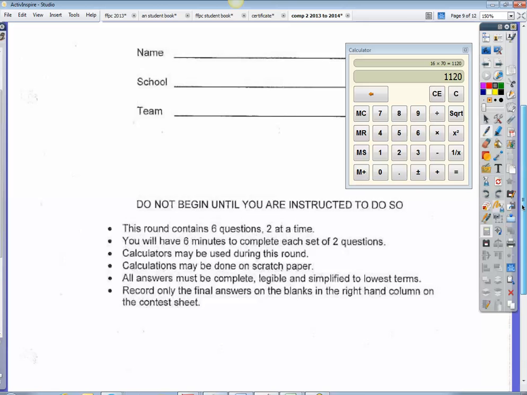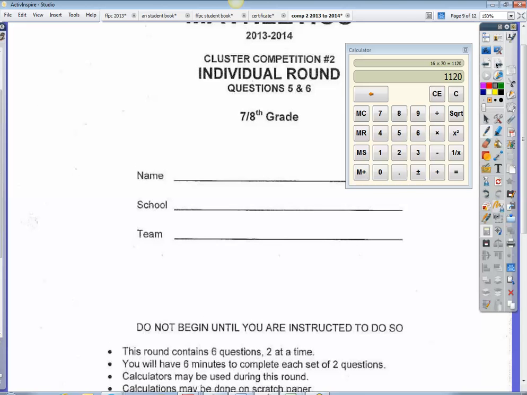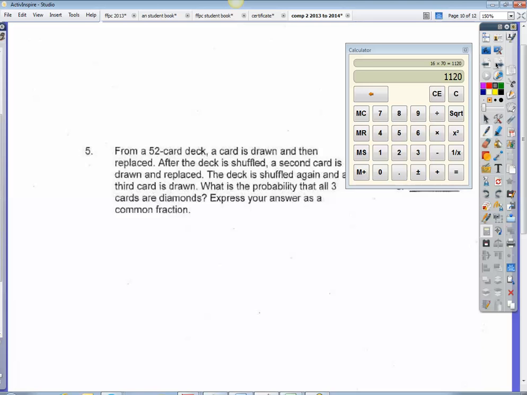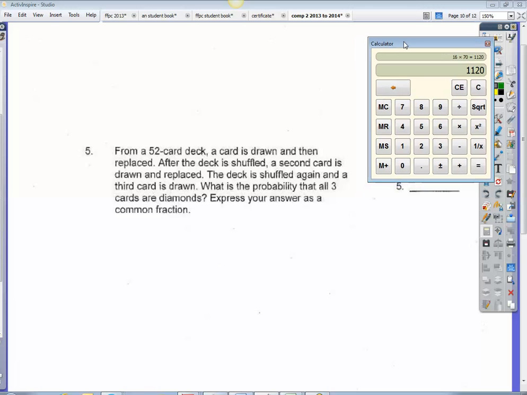So 5 and 6. For a 52 card deck, a card is drawn and then replaced. After the deck is shuffled, the second card is drawn and replaced. The deck is shuffled again, and the third card is drawn. What is the probability that all three cards are diamonds?